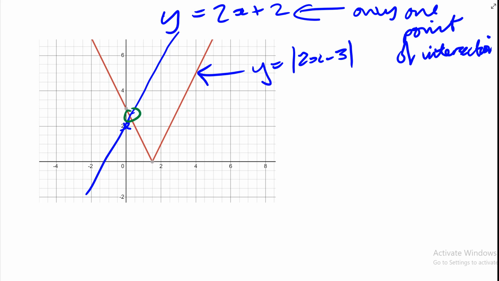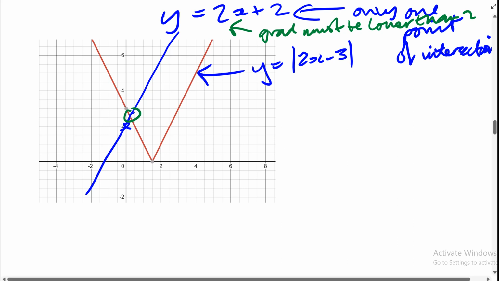So we need the gradient to be less. The gradient must be lower than 2 in that case. So then there will be 2 points of intersection, like that would be.